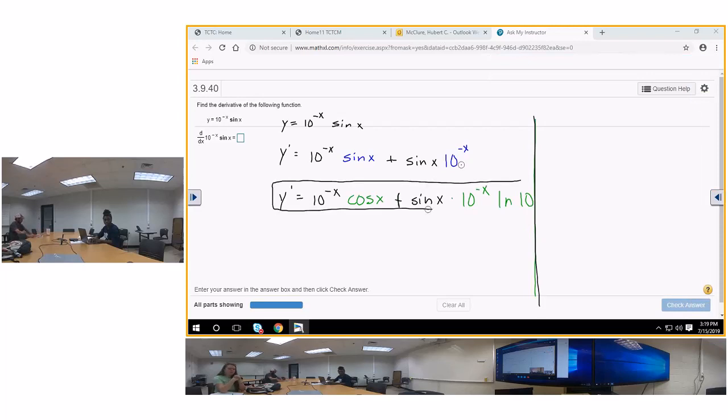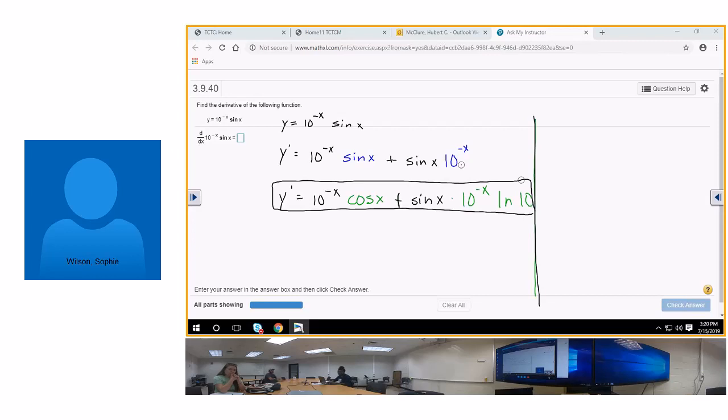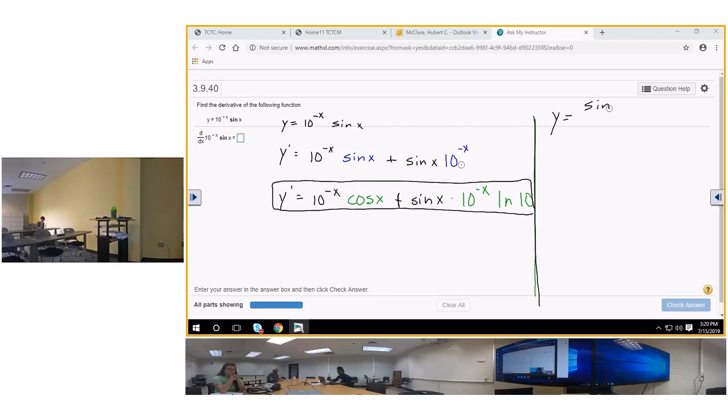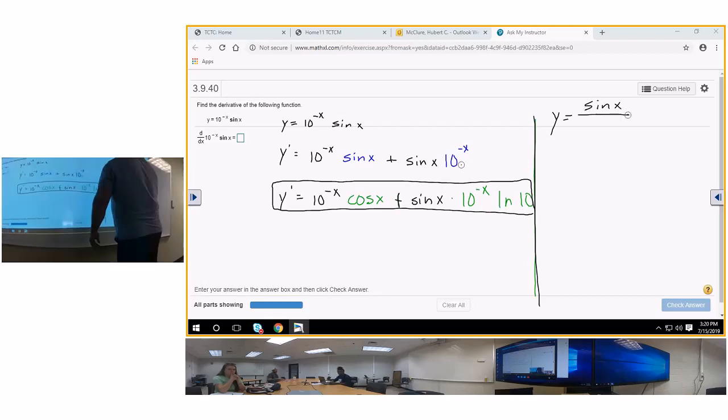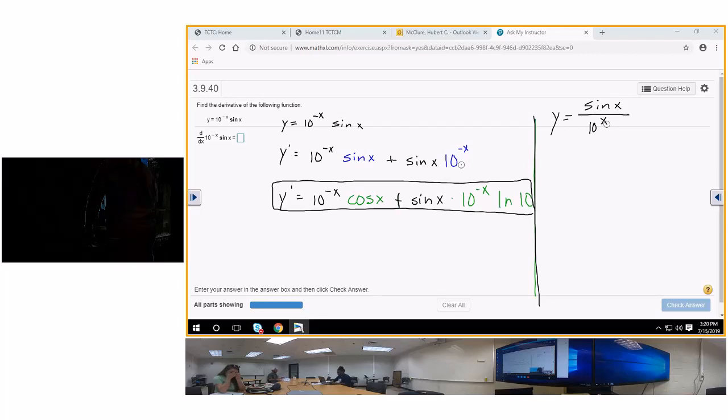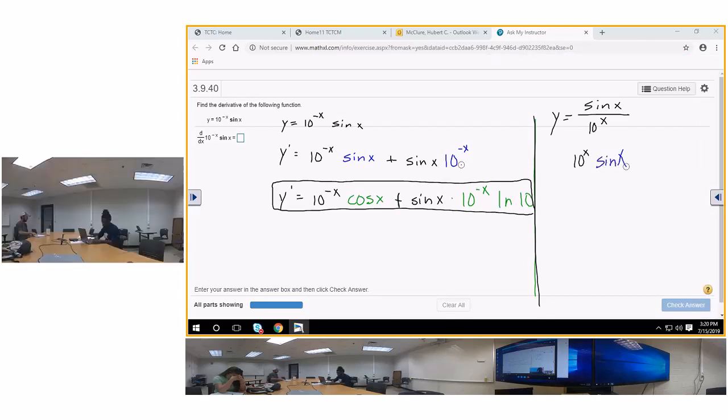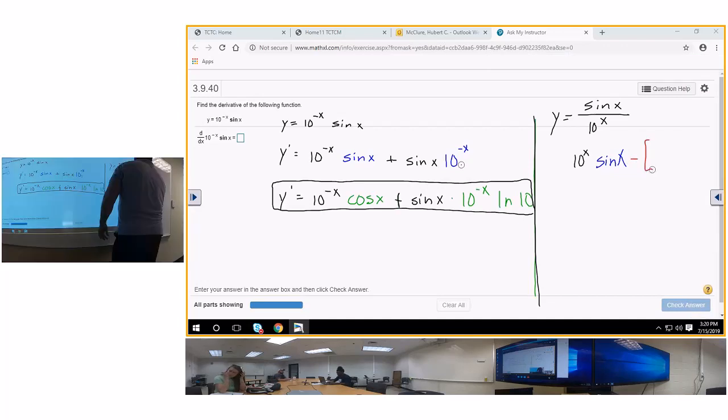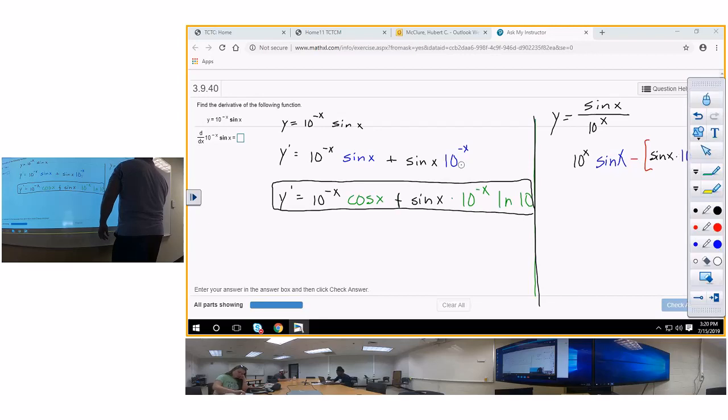Could you put the negative exponent underneath? Use the quotient rule. Y is equal to the sine of x over what? 10 to the x. Denominator times numerator prime minus the numerator times denominator prime, all over denominator squared.